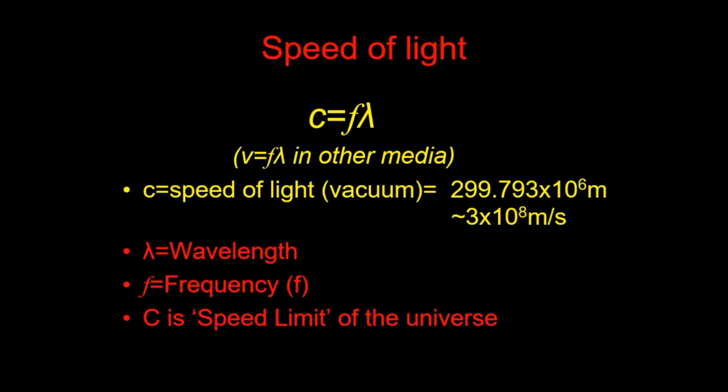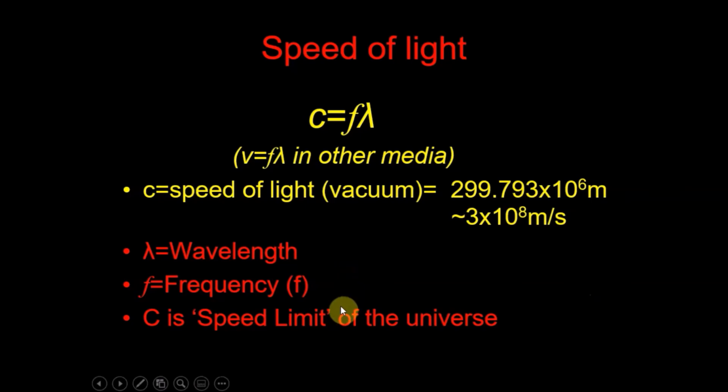If you see this equation, where c is equal to f lambda, c is usually referred to as the speed of light, and the speed of light is about 299.793 times 10 to the 6 meters, or usually abbreviated to about 3 times 10 to the 8 meters per second. The per second has gone off the slide here, unfortunately.